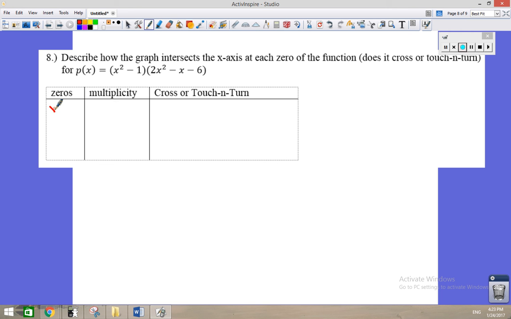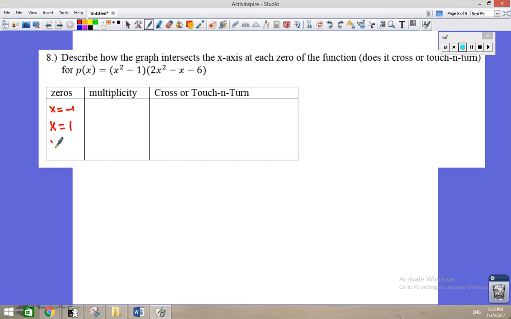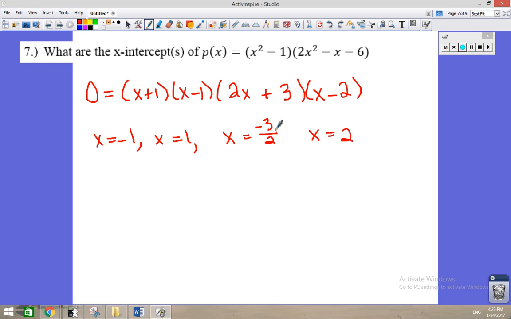So when I factor it, I'm going to get the same zeros, negative 1 and positive 1, and negative 3 halves and positive 2. For the multiplicity on each of these, if you come back in factored form and look at the exponent, it so happens for this problem they're all 1.